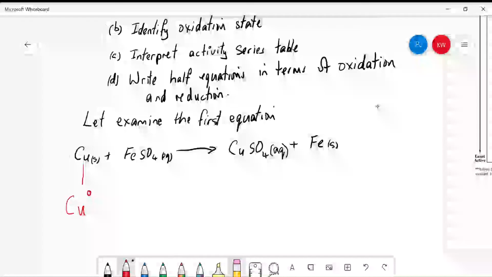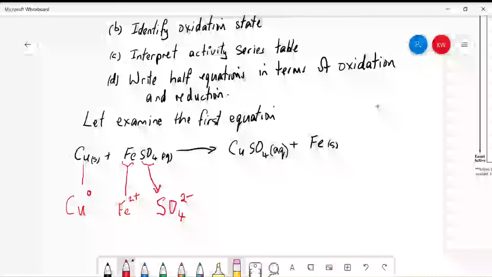Sulfate by itself is a polyatomic ion, and it can be represented as SO4 2-. Since there's no charge over here, we know the iron itself had a +2. Since there's no net charge, the charges must add up to equal 0. So if this is -2, this had to be +2. So here we have copper with a 0 oxidation state, iron with a 2+, sulfate SO4 2-.